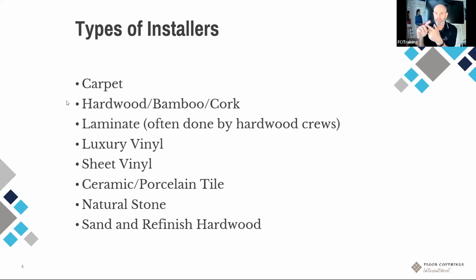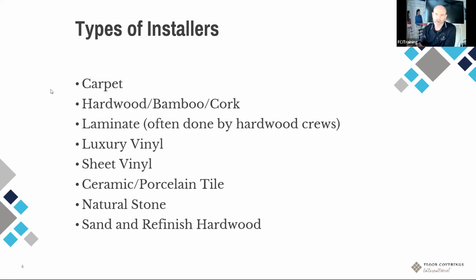Now, normally your hardwood guy will also install bamboo and cork. They'll probably also do your laminate and your luxury vinyl, particularly the rigid luxury vinyl. So most of the time, these three, hardwood, laminate, luxury vinyl, that's all the same installer.